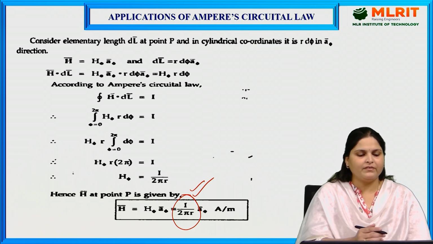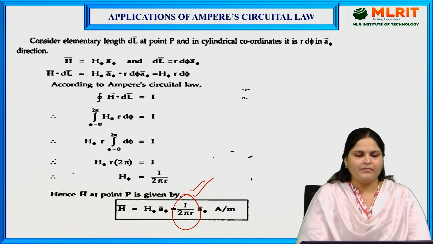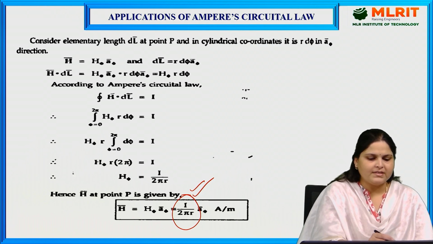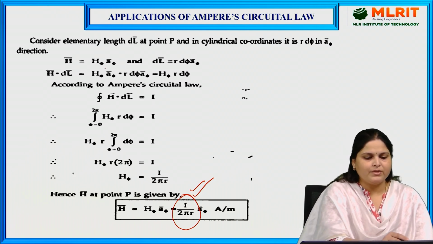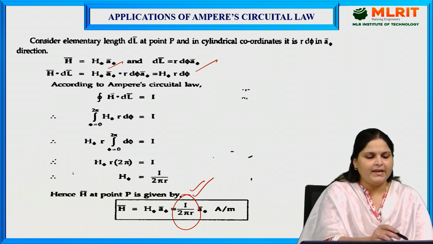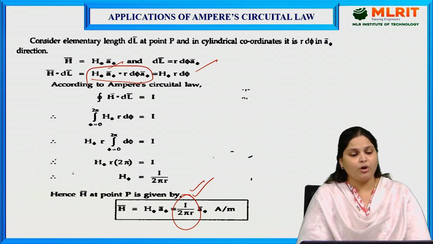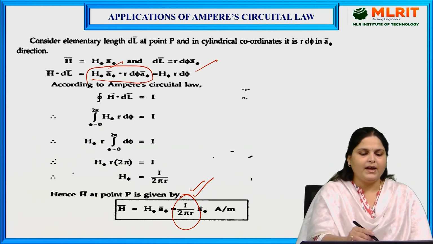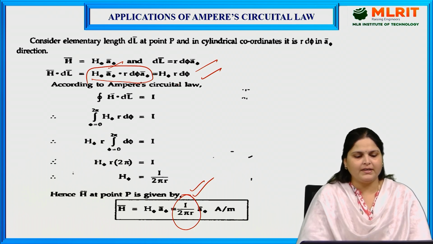Previously also we have discussed this, and now I am going to repeat it so you can correlate it with the proof of Ampere's circuital law. We can see here we have H dot dl equals I. H equals H phi a phi, dl equals r d phi a phi. H dot dl, if we put these in, becomes H phi a phi dot r d phi a phi. And finally, because a phi dot a phi equals 1, we get H phi r d phi.